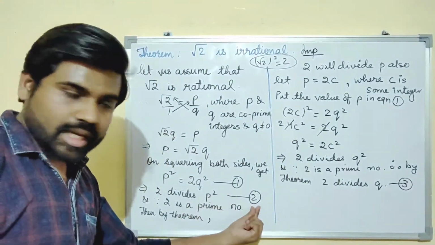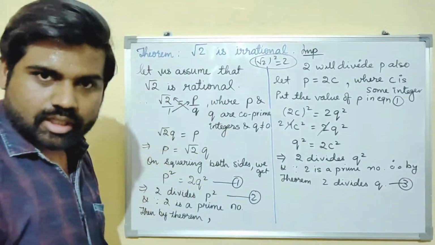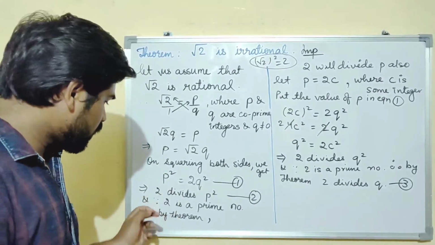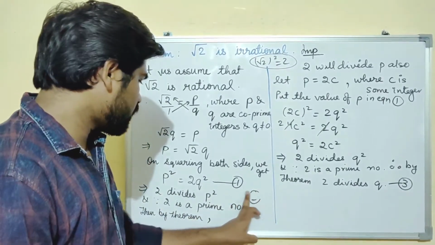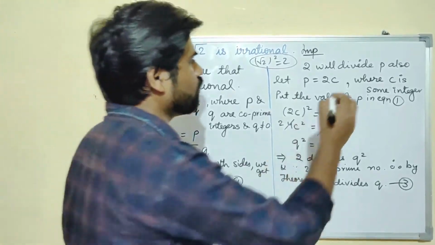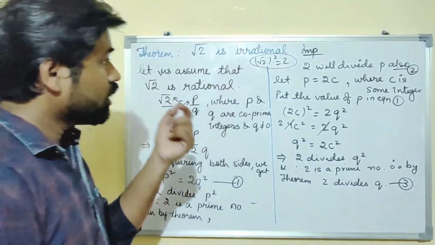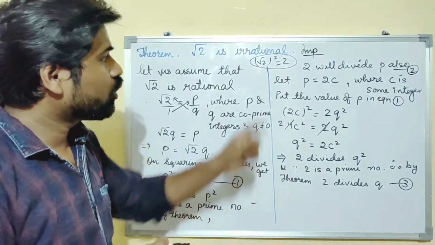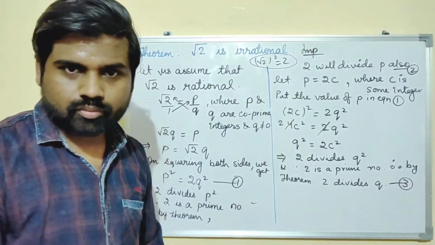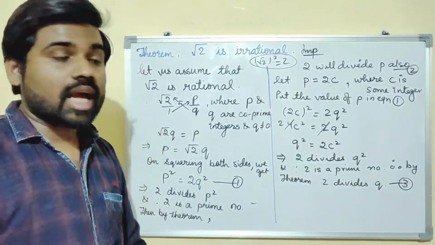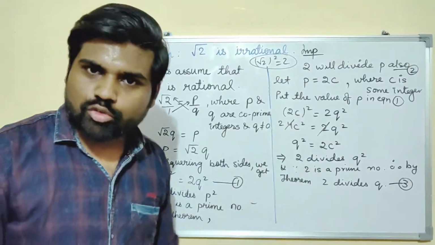Let us read it. Second statement says that 2 divides p, and third statement says 2 divides q. That means 2 is a common factor of p and q.